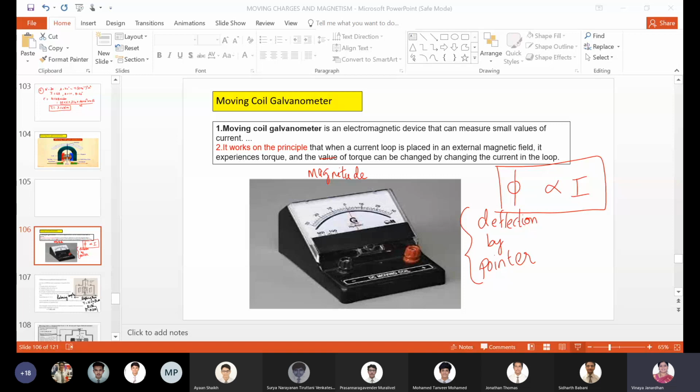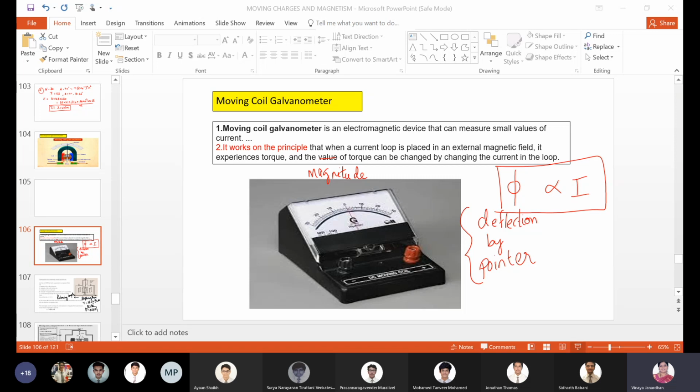So phi is the deflection. See, the coil will be connected to a pointer. So the deflection of the pointer in such instruments depends upon the current that flows through the device when it is connected in an electrical circuit.